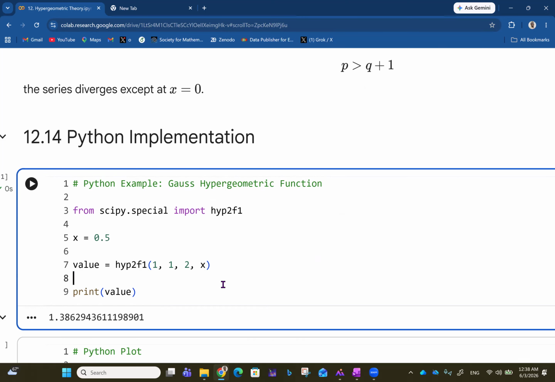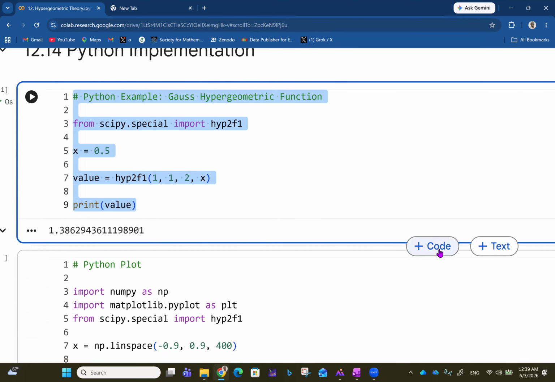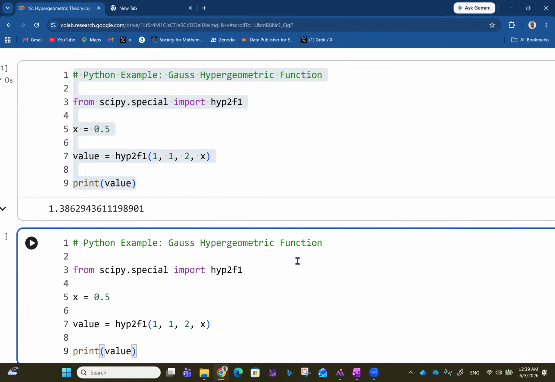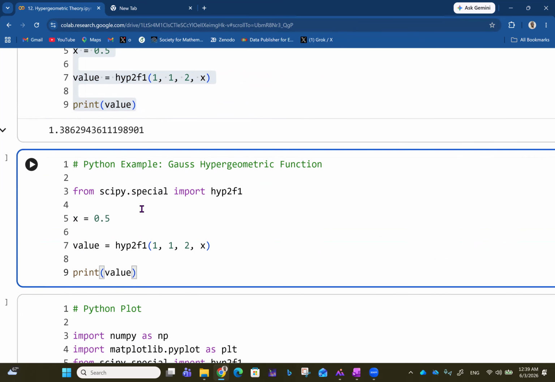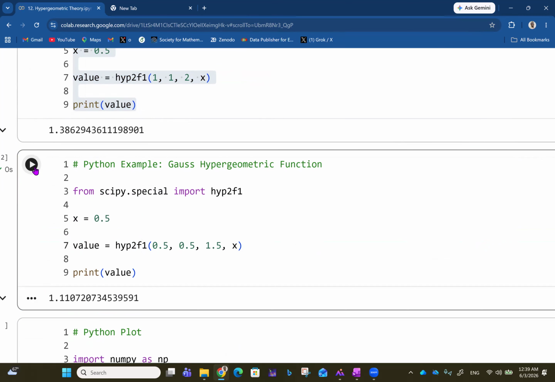So I'll just copy this and create a new one, and do 0.5, 0.5, then 1.5, for x equals 0.5 also.